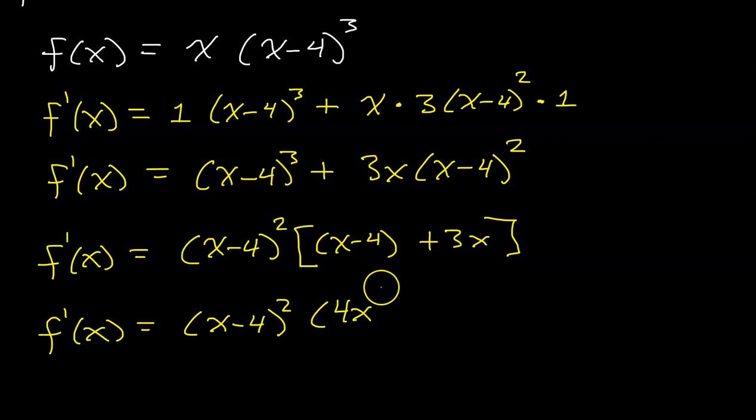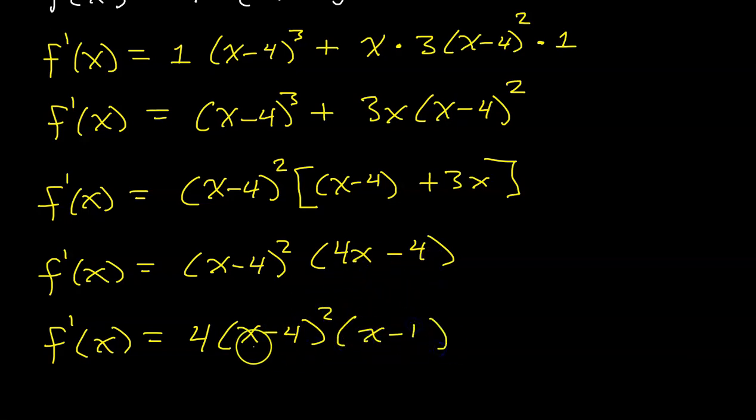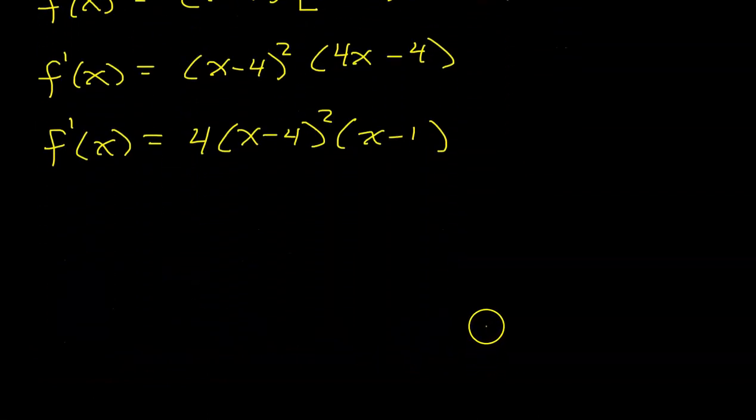And we have the minus 4. There is a common factor inside of here, so let's pull out the 4 and I'll put that in the front. So I'm going to have 4 times x minus 4 squared, and that will leave x minus 1. So this is the form of the first derivative that we're going to be using.